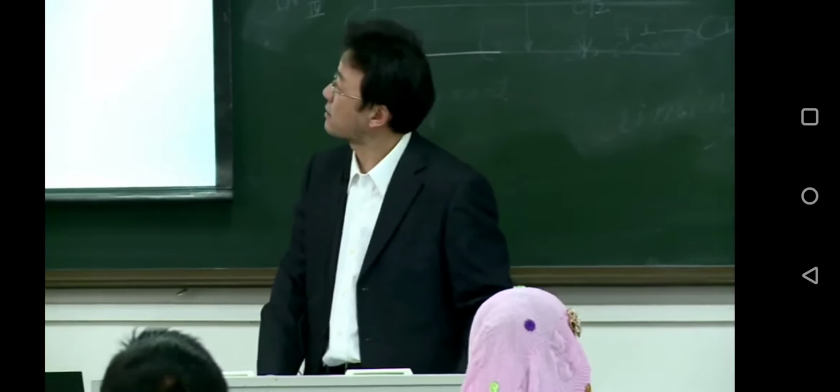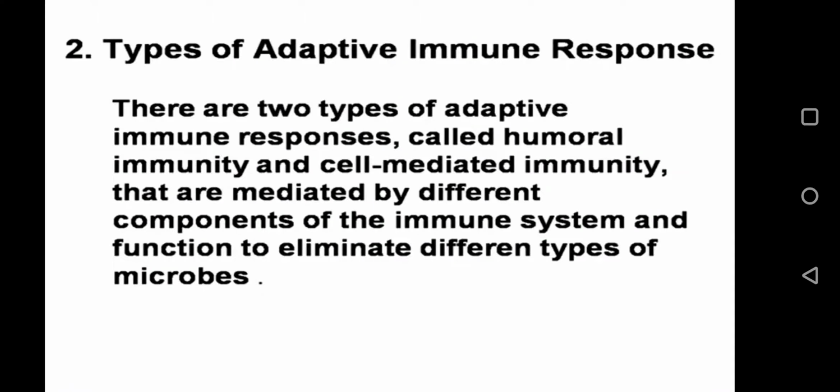Last week we talked about types of adaptive immune response. Now we know there are 2 types of adaptive immune responses called humoral immunity and cell-mediated immunity.